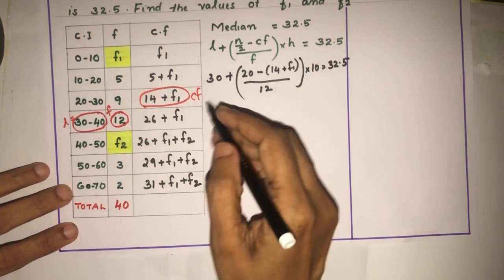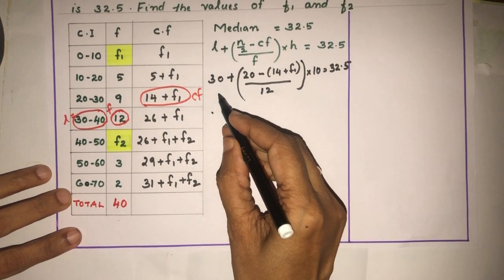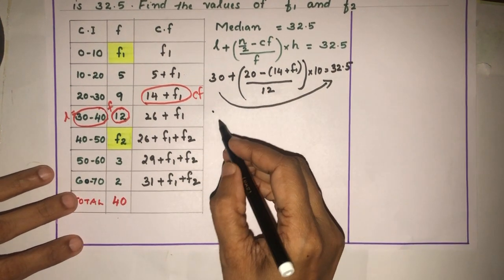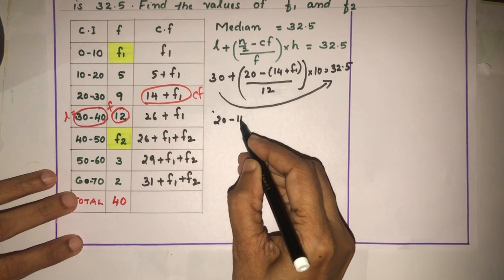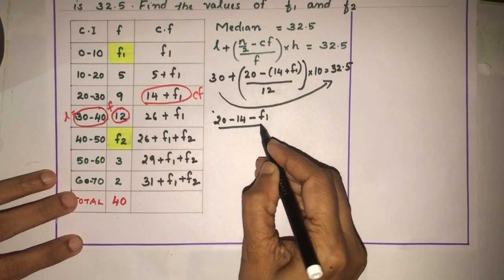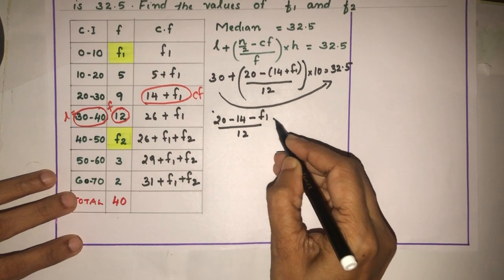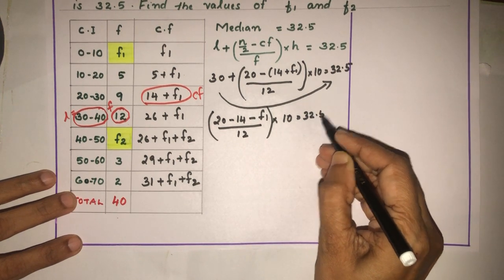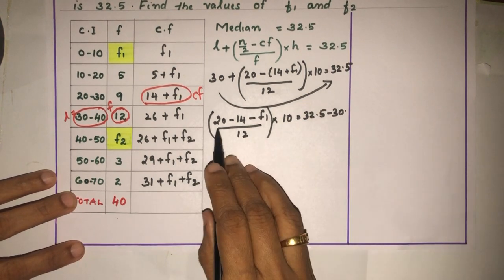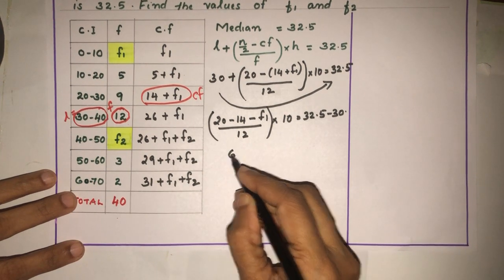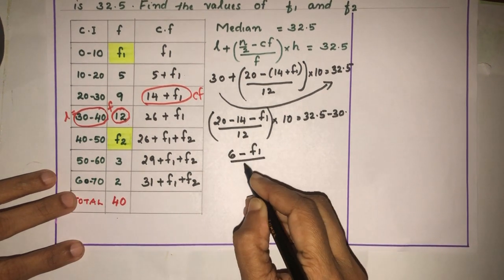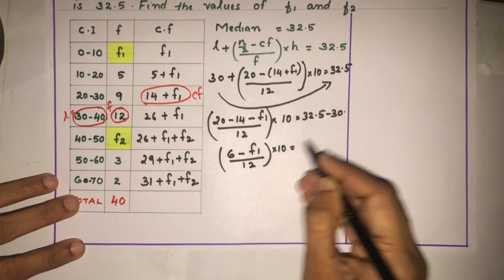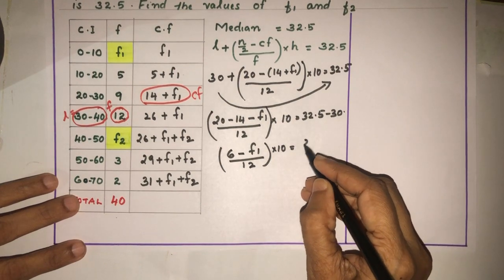Now just simplification. First we can take this 30 to the other side, and here we can open the bracket. 20 minus 14 minus F1 by 12 into 10 equals 32.5 minus 30. 20 minus 14 is 6, minus F1 by 12 multiplied by 10 equals 32.5 minus 30, which is 2.5.